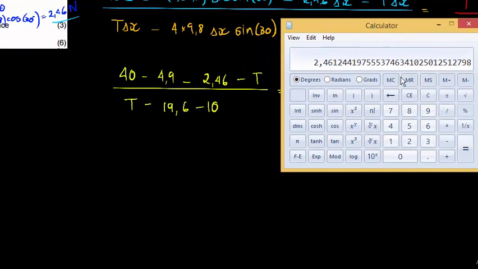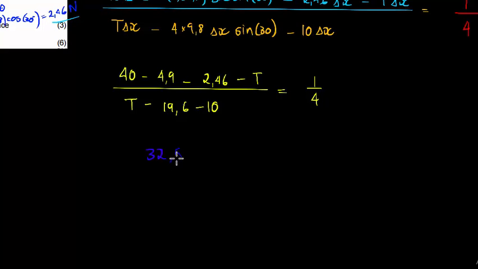So again, simplifying towards the next step, I get 40 minus, well, let's use our calculator just to be sure. So we've got 40 minus 4.9 minus 2.46 is equal to 32.55. So 32.55 minus t, divided by t minus 29.6 should equal a quarter.